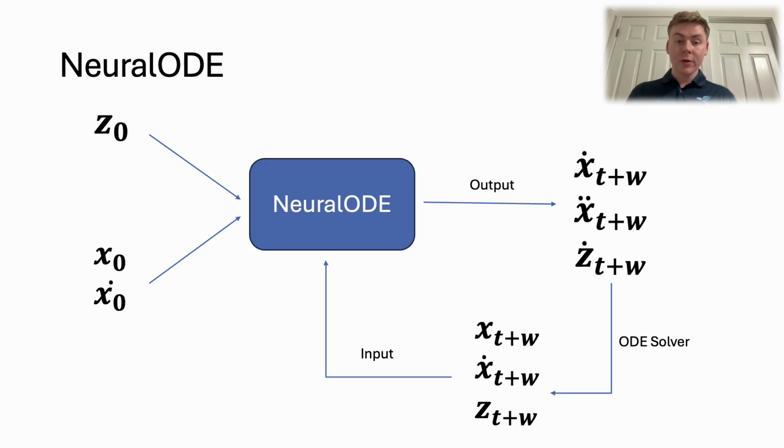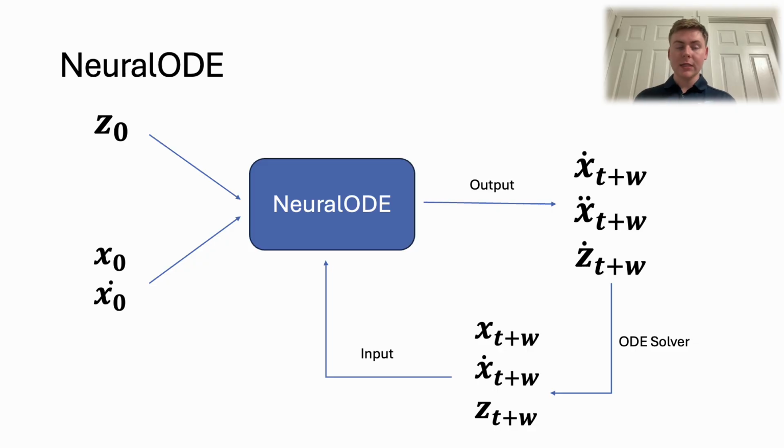Now to talk about the NeuralODE itself. The very first thing that we do is we take that initial latent space, that Z naught up there in the left-hand corner, and we also take our initial position and our initial velocity, and we feed that into our NeuralODE. The NeuralODE is a fairly standard NeuralODE. It takes those inputs and uses those to predict a velocity, acceleration, and derivative of our latent space. As you can see, this has the subscript t plus w.